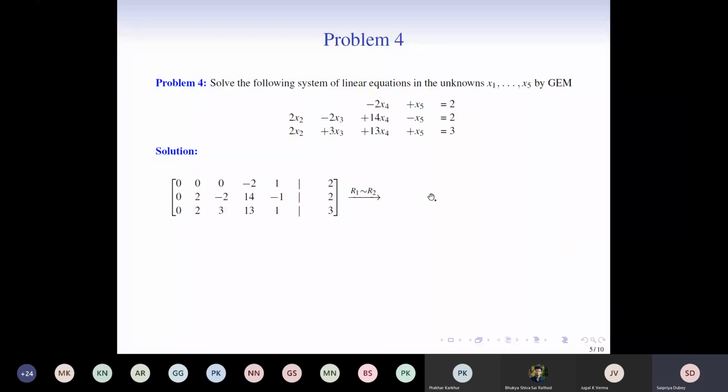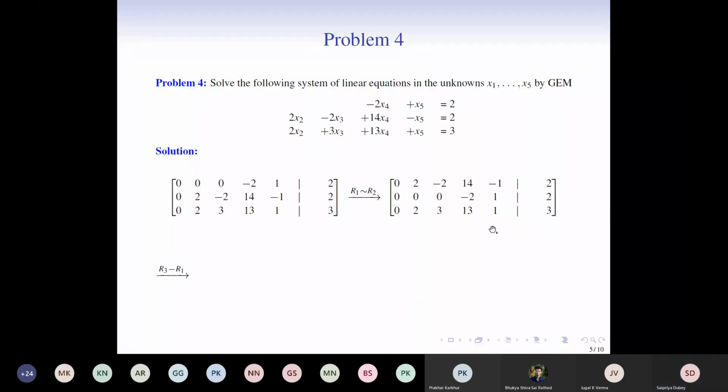To convert it into row echelon form, the very first thing we have to see is the very first non-zero element. The very first non-zero element is -2, which is not in the first row. So the first thing to do is interchange the first and second row, and we get this.